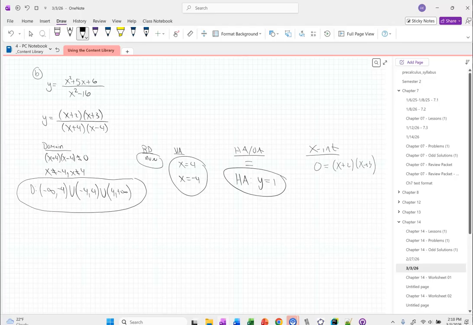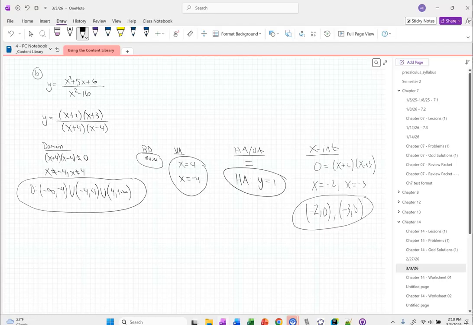Once I factor, I'm pretty much using that exclusively throughout, other than maybe the horizontal or other asymptote piece, where I look at the original. But okay, what are my two x-intercepts then? Negative 2 and negative 3, but I need to write them as points. I don't want to confuse them with a vertical asymptote. So I want to make sure I'm writing them as an ordered pair, not as a number.